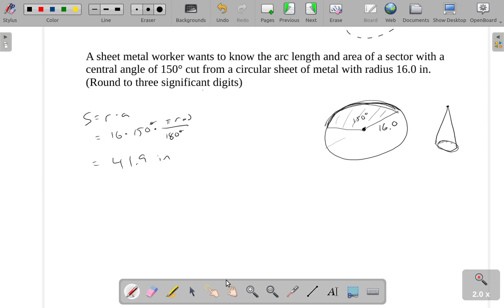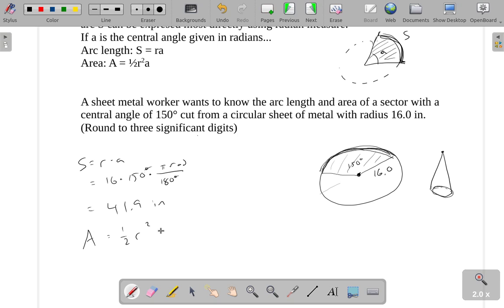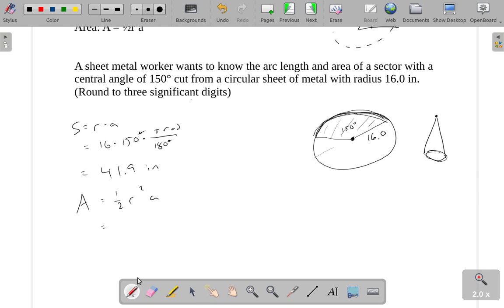As for the area, I'll use that formula. Area is equal to 1/2 r squared times a. Again, a needs to be measured in radians. So we get 1/2 times 16 squared times 150 degrees. Converting this to radians, I'll go again times pi radians divided by 180 degrees.